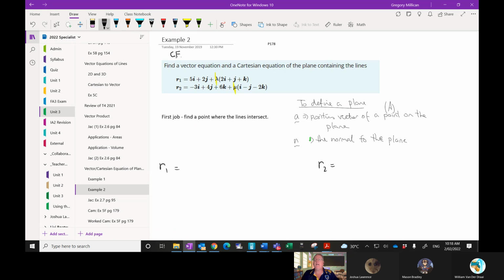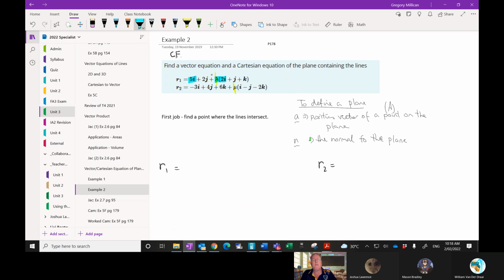The way that we do that is we collect all our i's together, all our j's together, and all our k's together for each of the two lines separately. I'll do the first one, and then I'll give you 60 seconds to do the second one. So if I expand out the brackets, I'm going to have 5i plus 2j. Now there's no k, but that's okay.